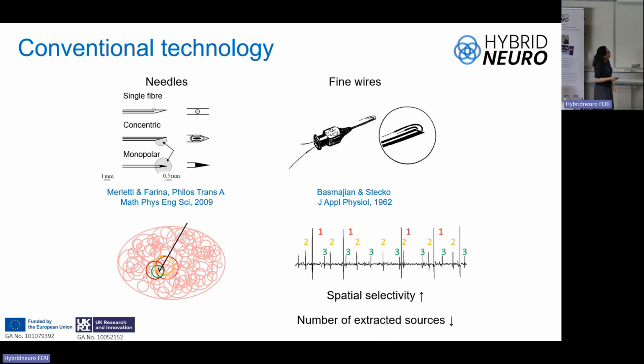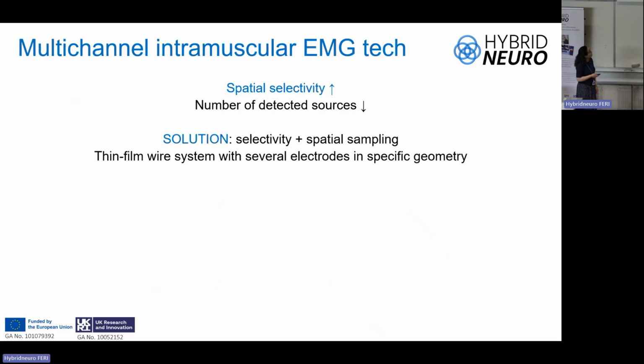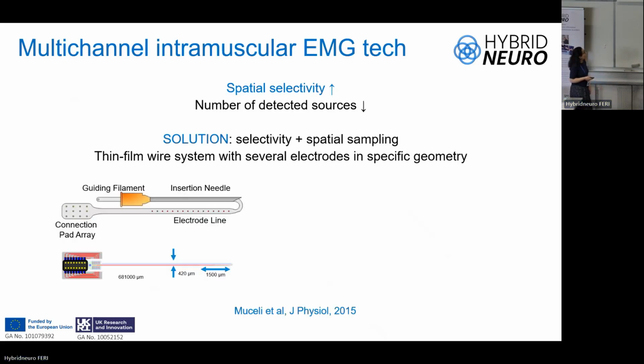What we thought was, why not build an electrode that contains small detection sites, similar to normal intramuscular EMG, so that the signal is still very selective. But if we place many electrodes within the same wire, we are able to perform a spatial sampling of the muscle electrical activity.